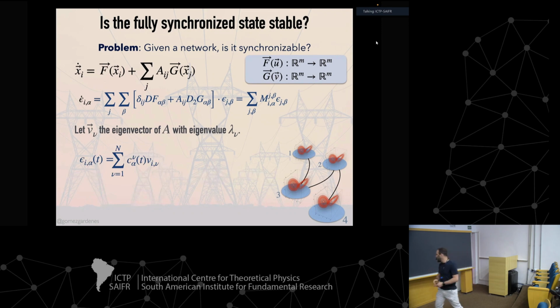Imagine this is for the first node, this for the second node, and this for the nth node, so this corresponds to i equal to 1, i equal to 2, and so on.